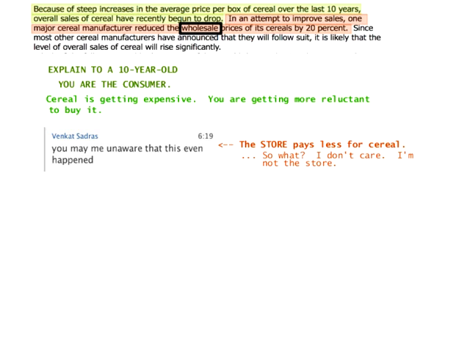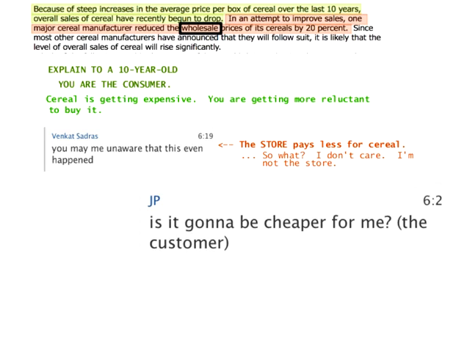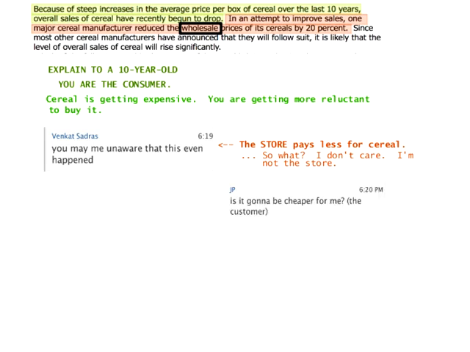So the store pays less for cereal. Since you are the consumer, you should be looking at those words and saying, so what? I don't care. I'm not the store. So then what should be the next thought? You'll just have these thoughts if you put yourself in the shoes of the consumer. The store pays less, so then, aha, yep, that's the thought you want to have. Exactly.